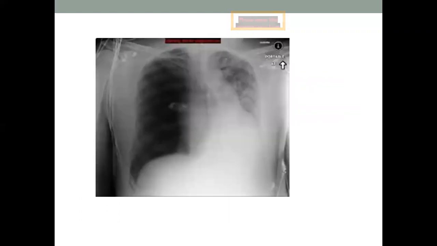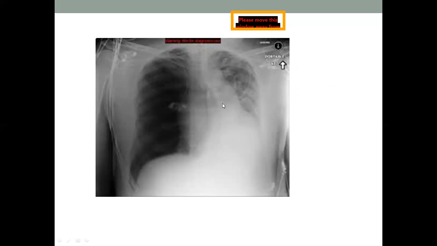This is the X-ray of tension pneumothorax. Here on the right side there is hyperlucency with absent lung markings and a shift of the mediastinum, the heart and mediastinum, toward the left side.